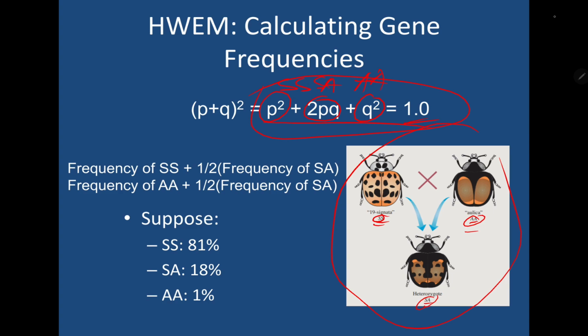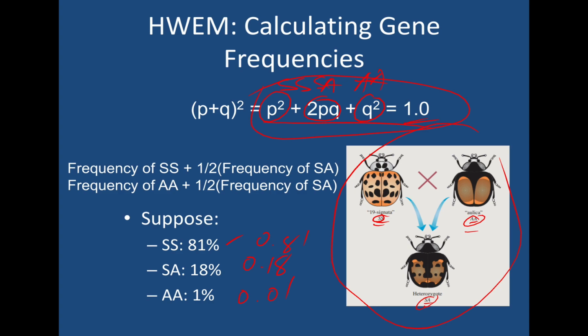So suppose that the frequency of beetles possessing the SS genotype is 81%, or 0.81. SA is 18%, or 0.18, and AA is 1%, or 0.01. What you then have to do is calculate the frequency of the S allele and the A allele.